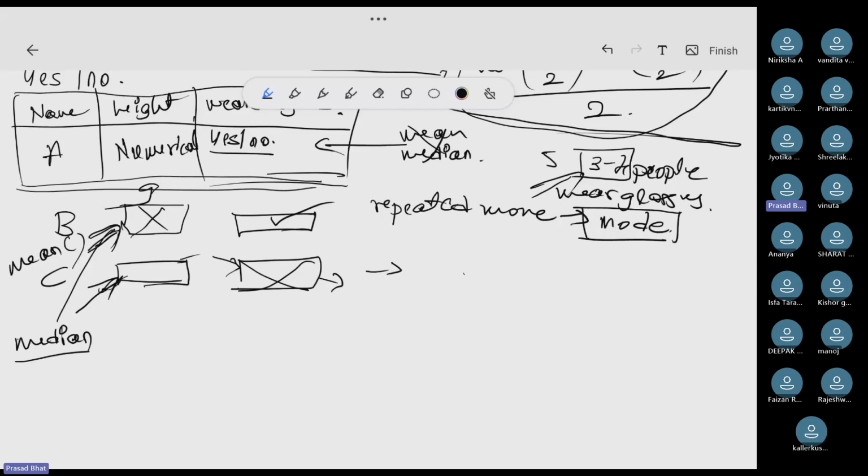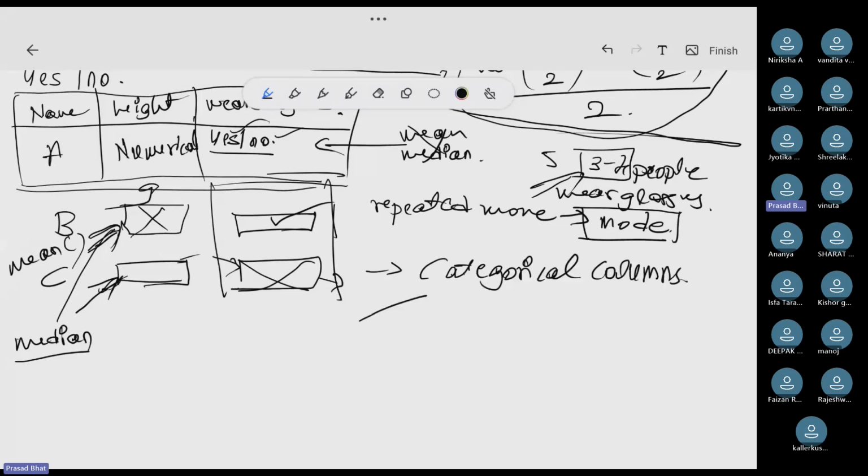Okay. What about this column? It does not contain any numerical values, right? It contains only two categories, yes or no. The values are divided in only these two categories, and such columns are essentially called categorical columns, right? For missing values in categorical columns, which makes more sense to use?